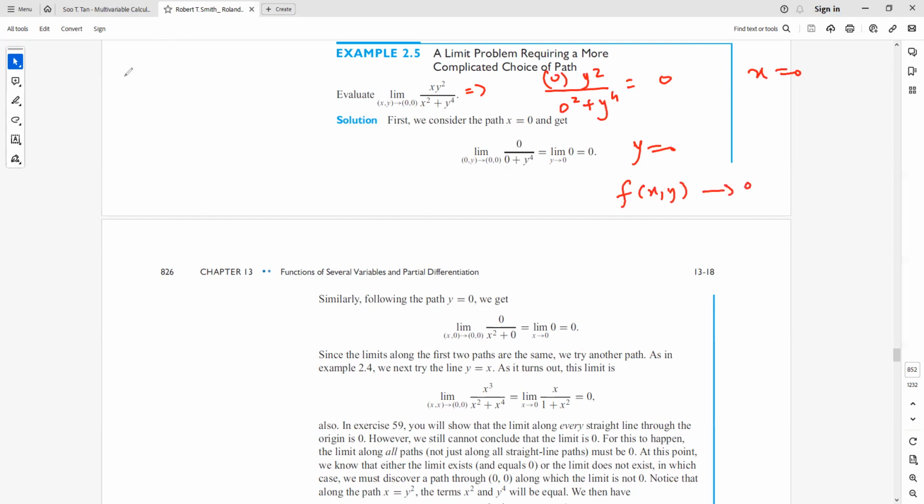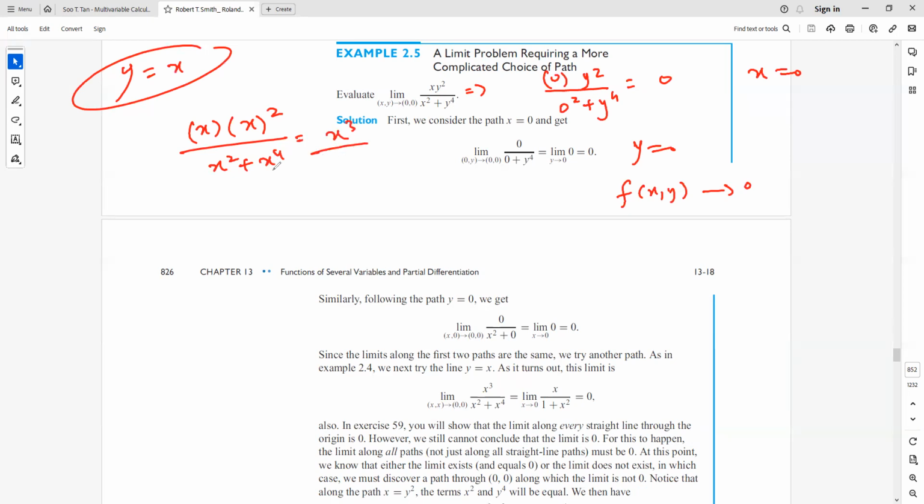Now what happens if we approach from the line y equals x? If we approach from y equals x, we get x times x squared over x squared plus x power 4. So this is x cubed over x power 4 plus x squared.